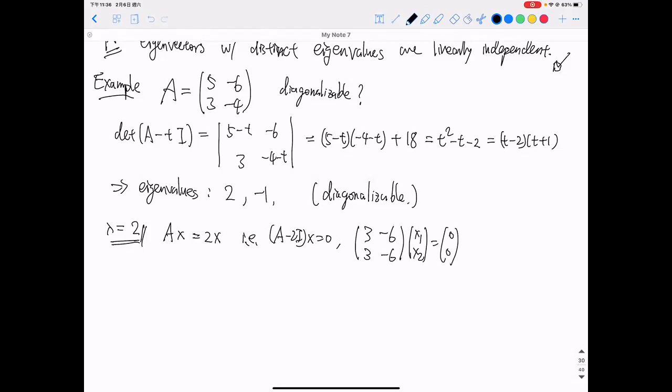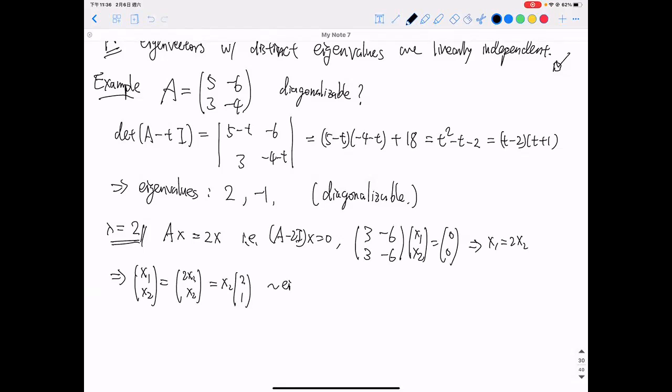As you can see, the two equations are the same. It's really just x1 equals 2x2, right? So the eigenvectors are 2x2, x2, so x2 times the vector 2, 1.